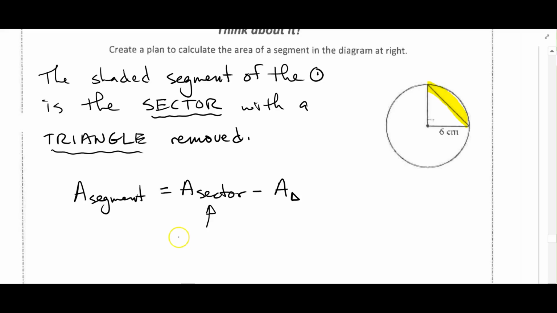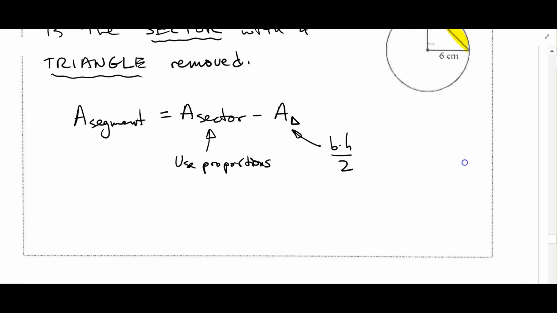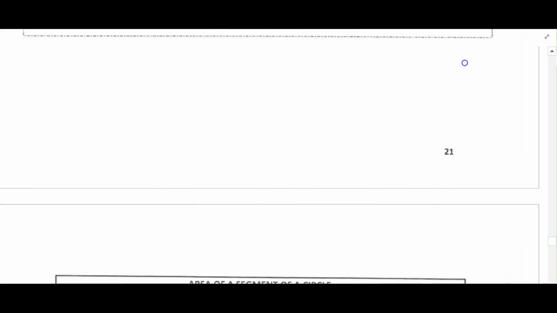All right, so for this, we're going to do that just like we did in the last section, section 8.5. You can either use proportions the way we did it last section, or you can use a different method if you prefer. And then for the triangle, this is just going to be base times height divided by 2. So let's go ahead and take a look at an example.